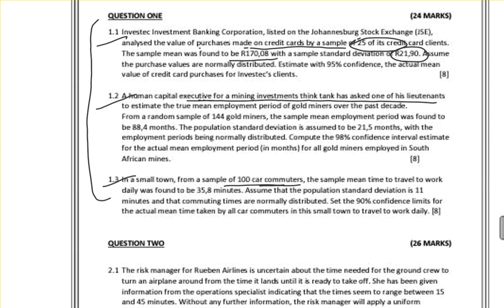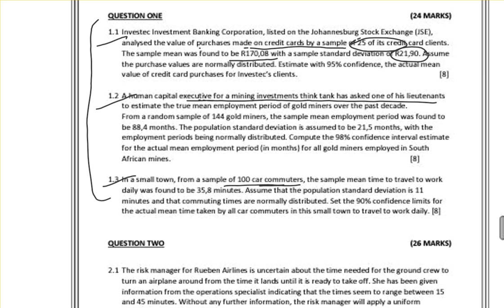Third one is a sample of 100 car commuters, so n is equal to 100. Sample mean time of travel to work daily was found to be 35.8 minutes.